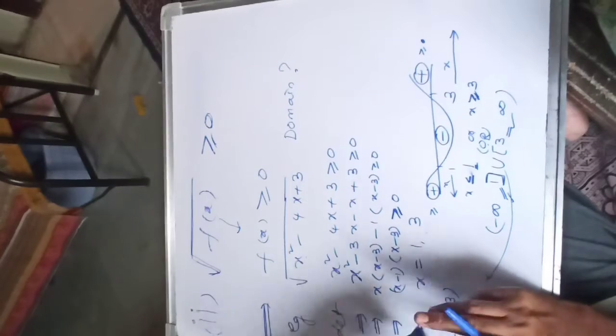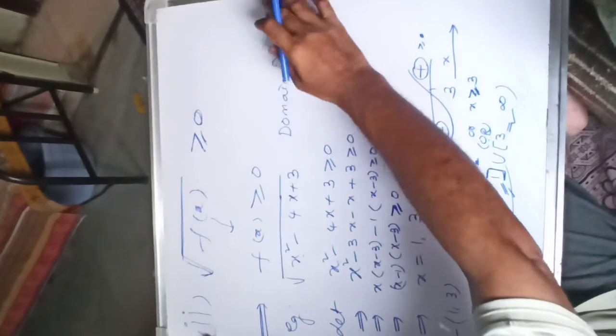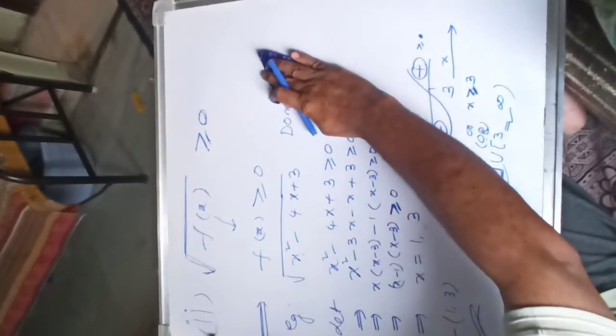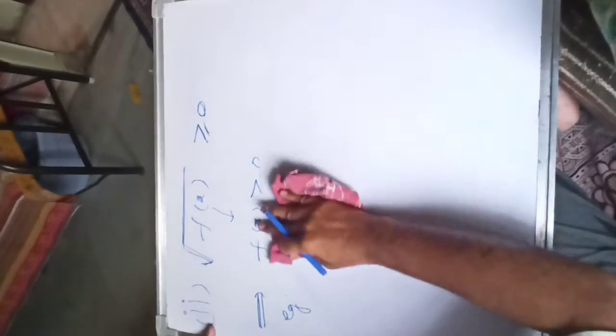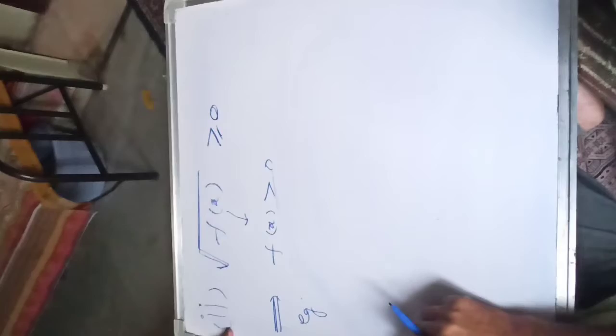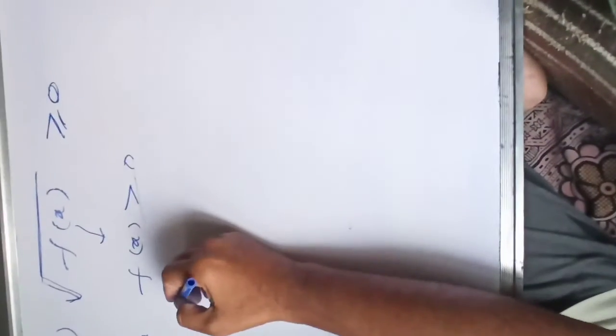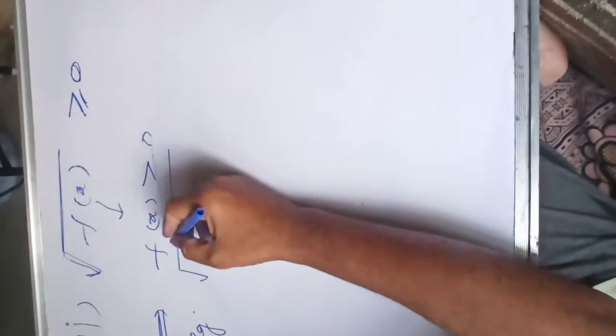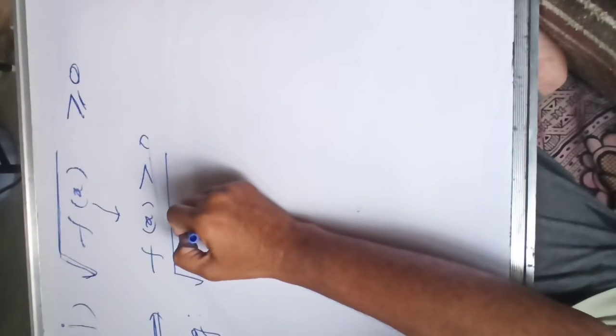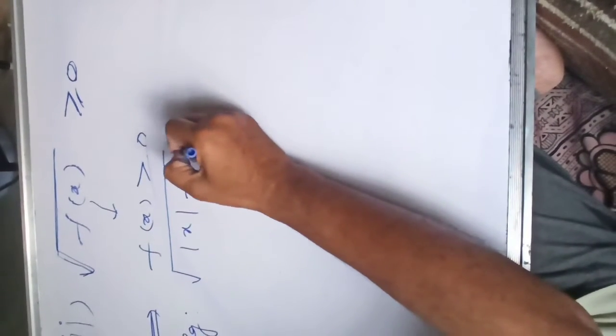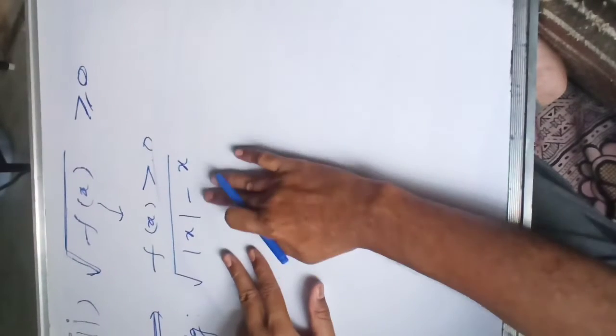Okay, now we can take another example. Another example we can take is root over mod x minus x.